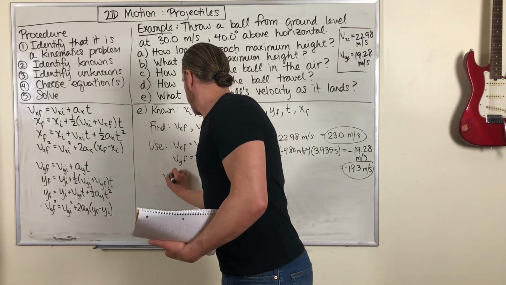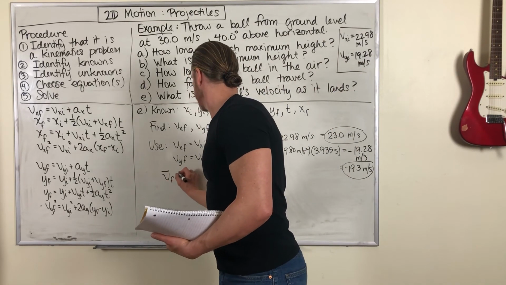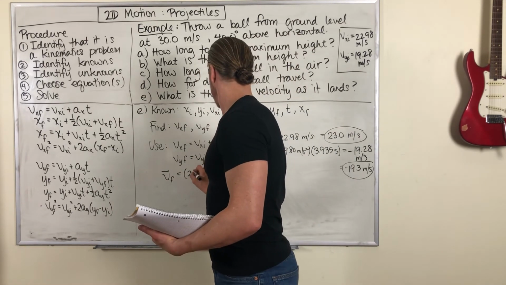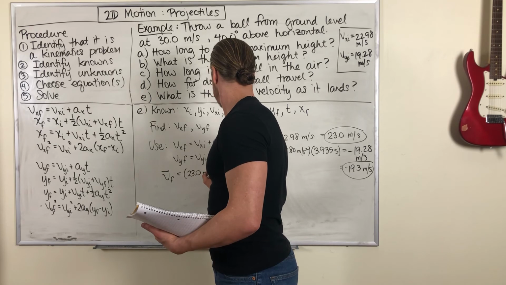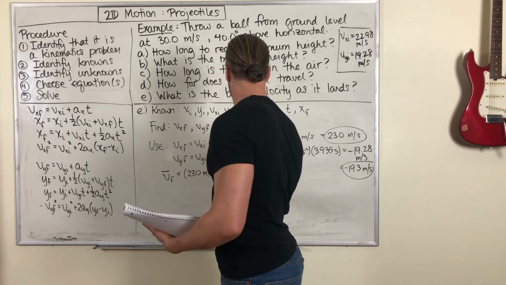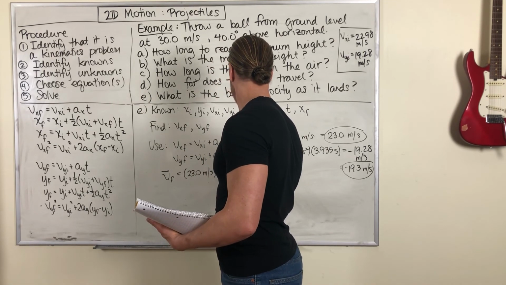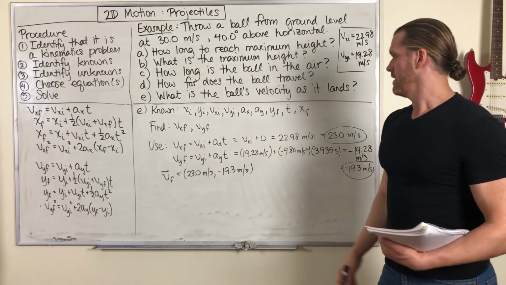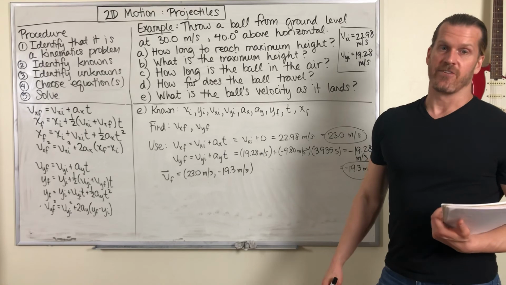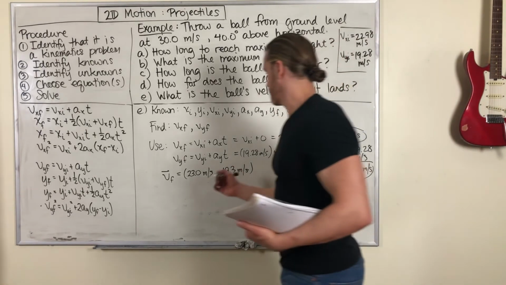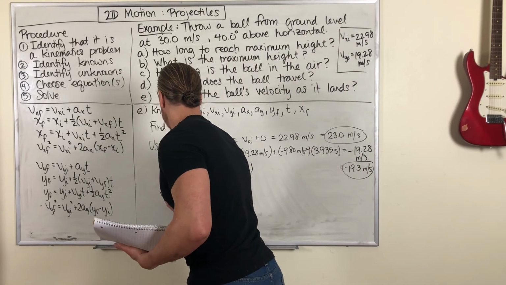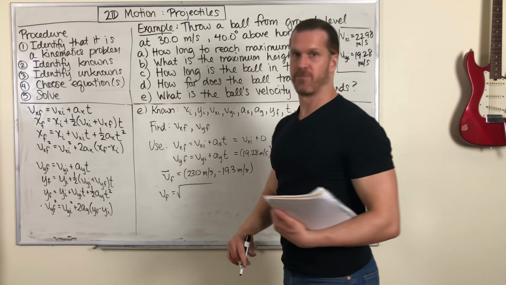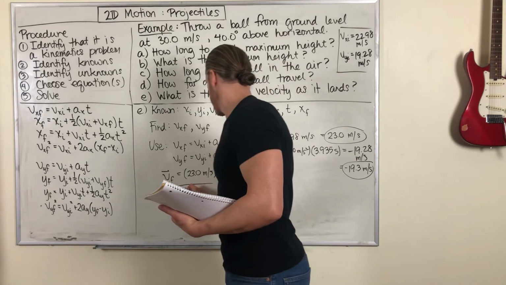So if we write our v final in component form, it's 23, negative 19.3 meters per second. If we write v final in magnitude angle form, then the magnitude v final is given by the Pythagorean theorem.